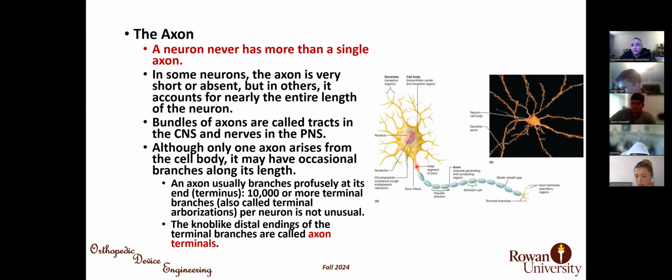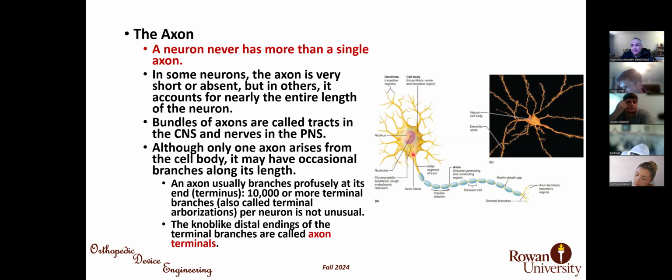This axon exits the cell body and transfers the response produced by the cell body to the other cell. So axon is a conveyor of impulse away from the cell body. Dendrites bring the impulse toward the cell body.